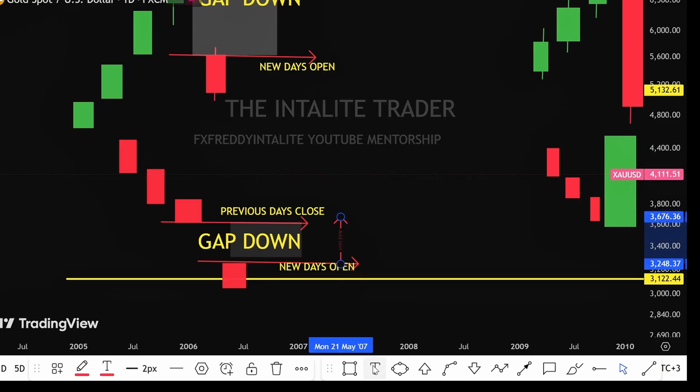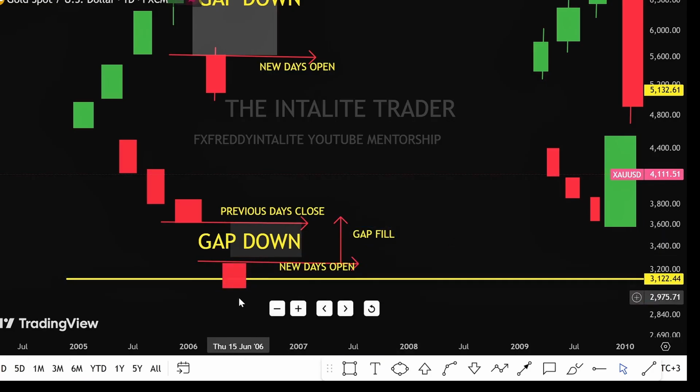So if this price does gap fill, then if what caused price to be cheaper here was irrational, based on emotions or based on manipulations, price will fill this and then it will continue down.